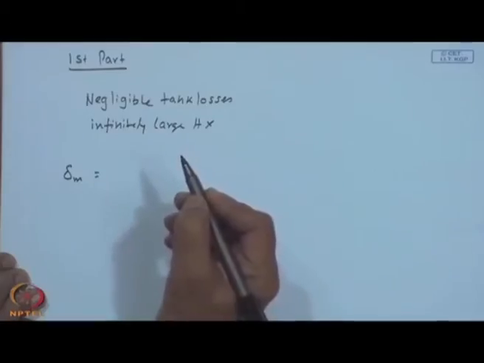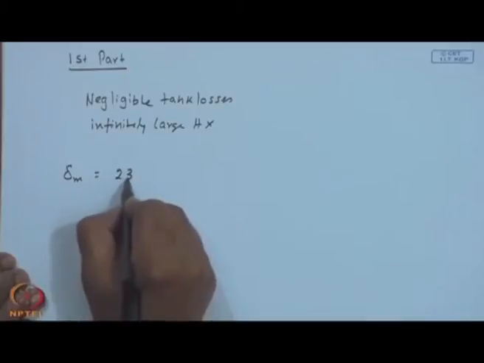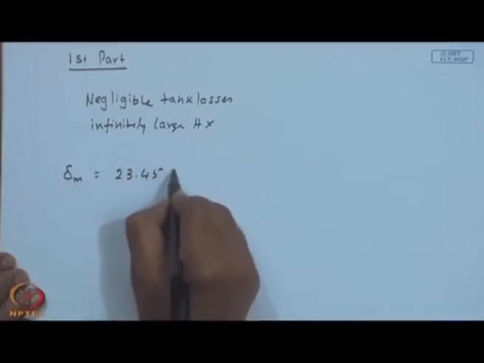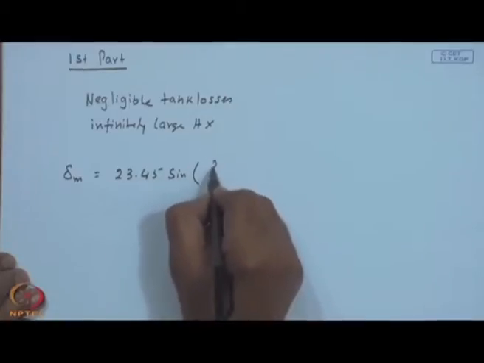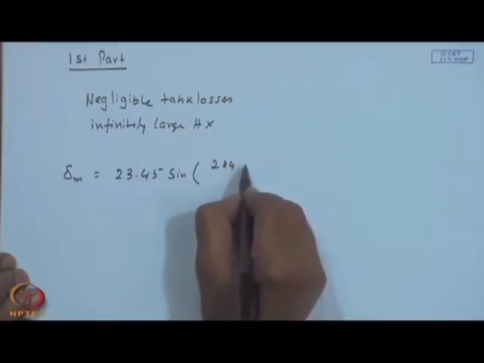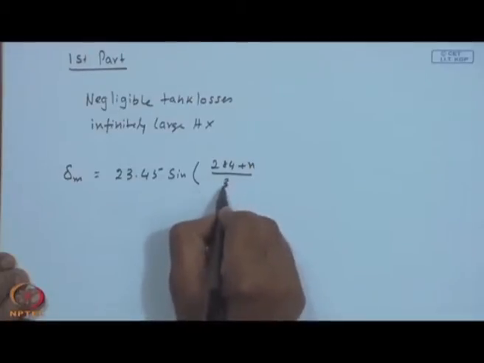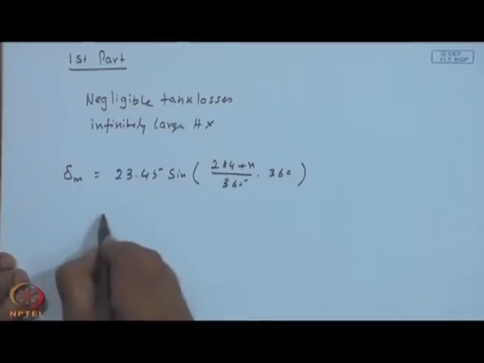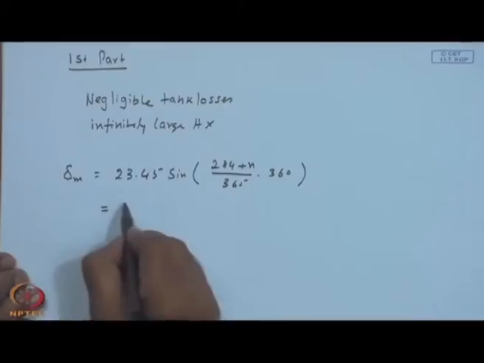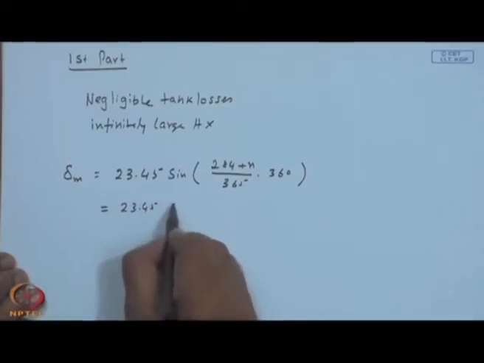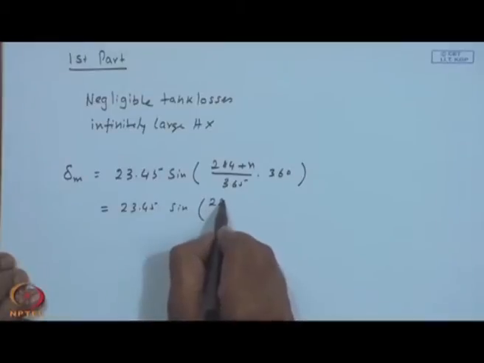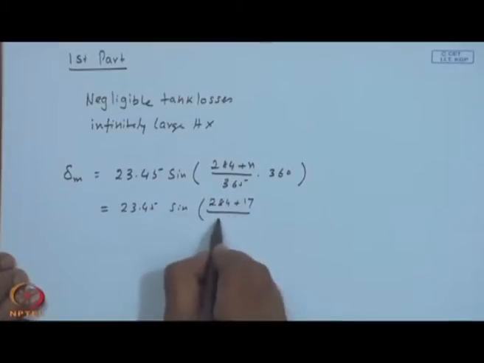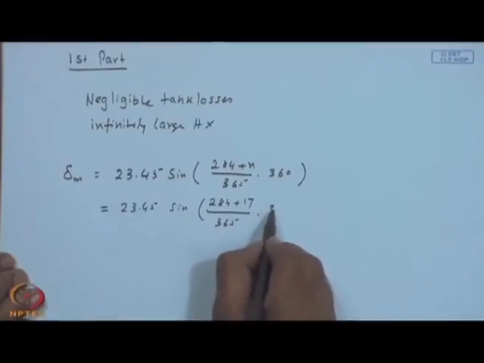So, first we need the mean declination. You can see this is almost one of the very first relations we have written: 23.45 times sine of 284 plus n by 365 into 360, that will be equal to 23.45 times sine 284 plus 17 by 365 into 360.